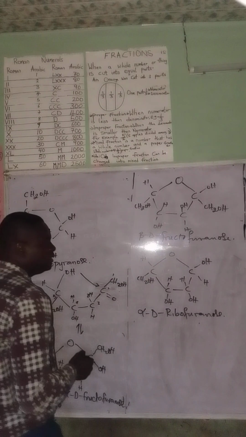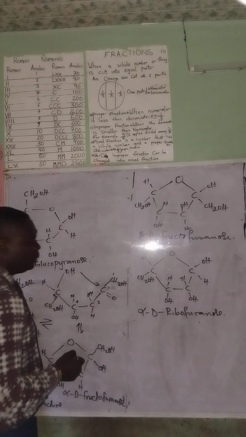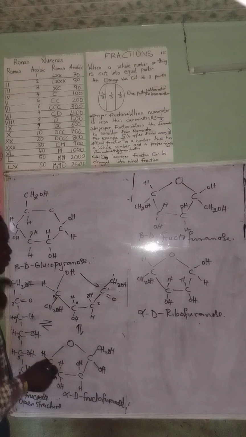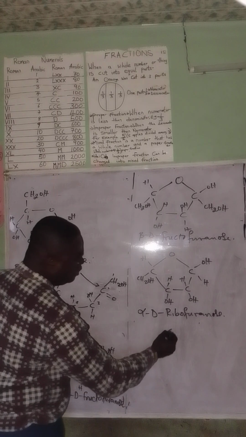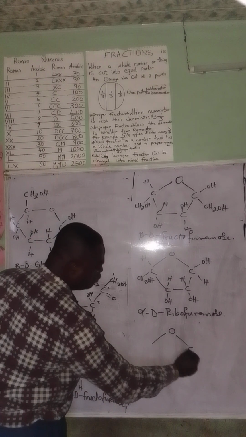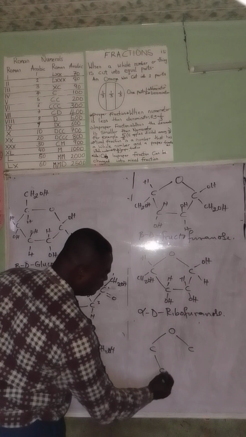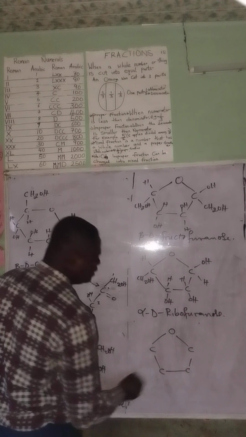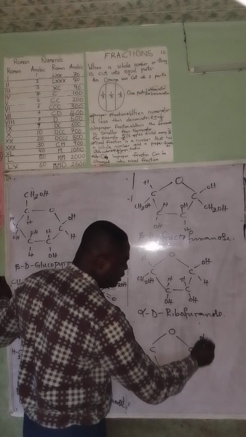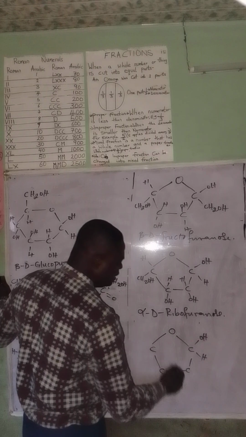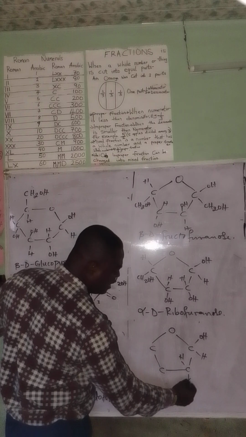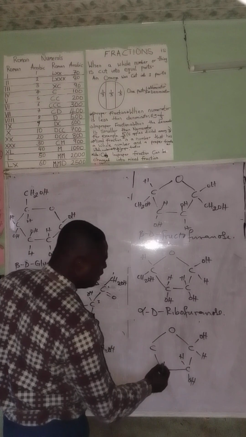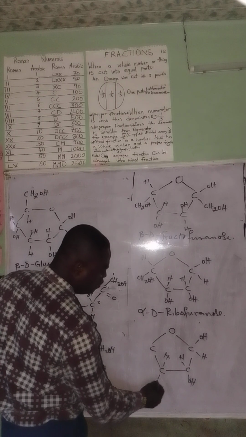Now, do you know that in DNA structure, this one is present in RNA. In DNA structure, we can also modify this one to have something like this. So we can have OH, H. Now, here I have, before I used to have H and OH. And here I have H and OH.